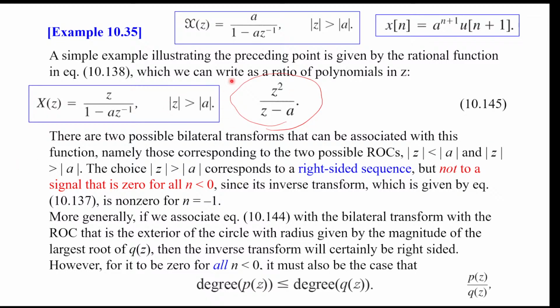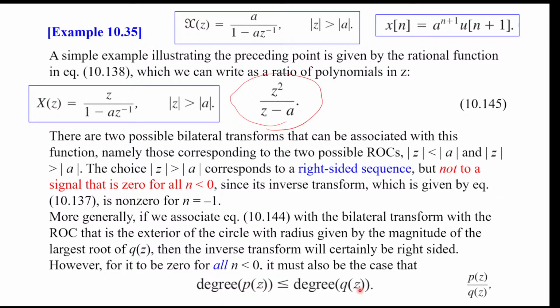That's because if you pick the outside RoC but don't have infinity inside your RoC, then the inverse Z transform only gives you a right-sided signal. It is a right-sided signal, but it's not a causal signal. You want it to be 0 for all n less than 0.